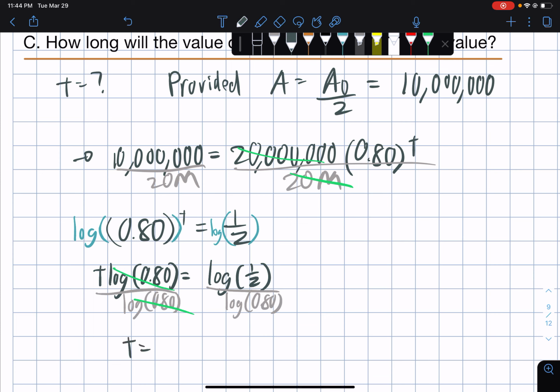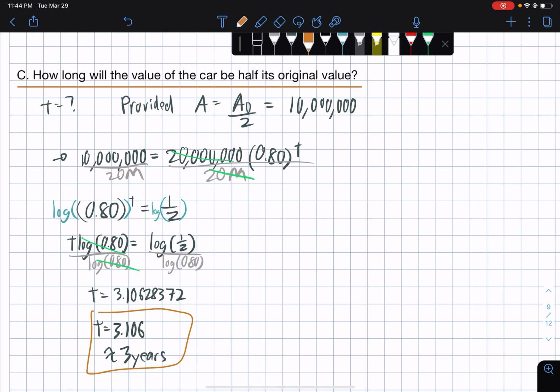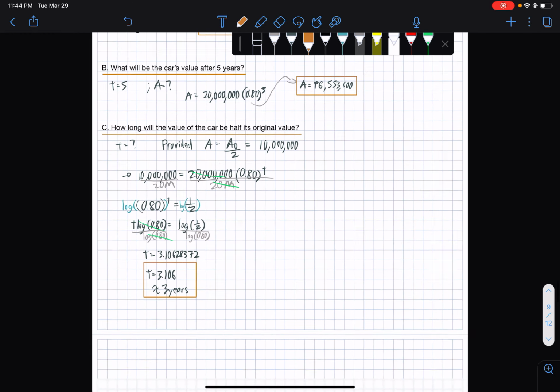T is equal to log 1 over 2 over log 0.80. T is equal to 3.106287372. T is equal to 3.106, approximately 3 years. The value of the car will be half its original value by about 3 years.